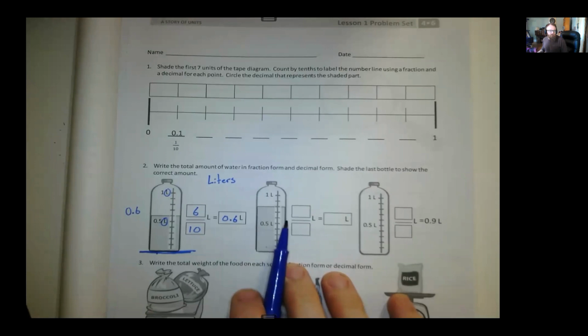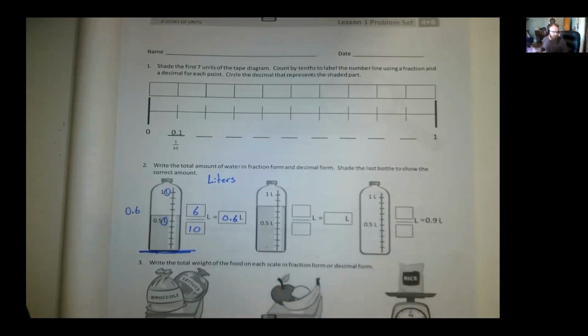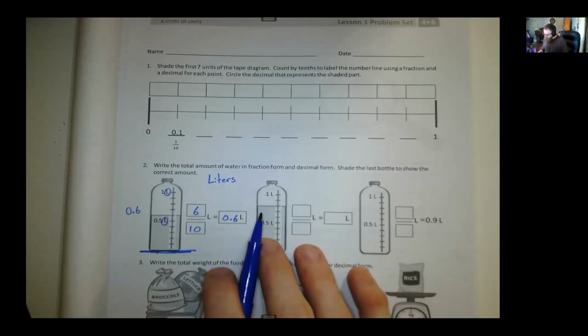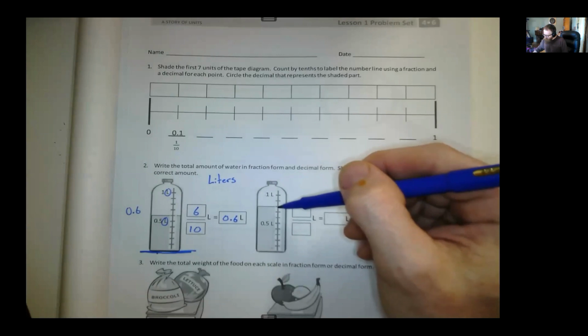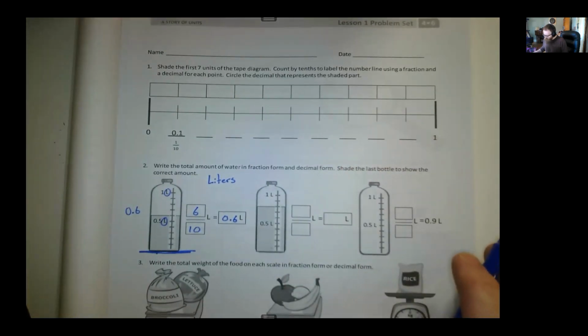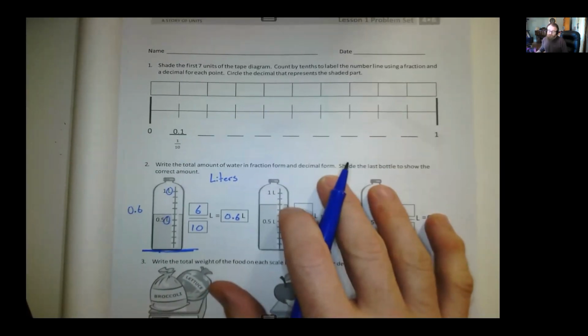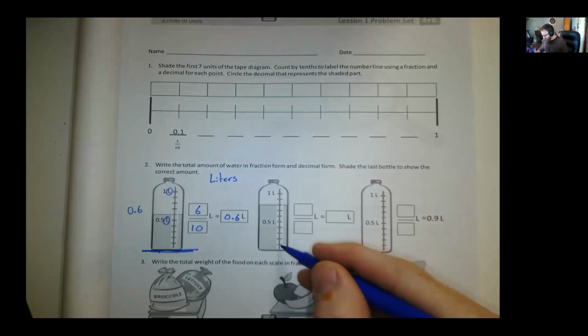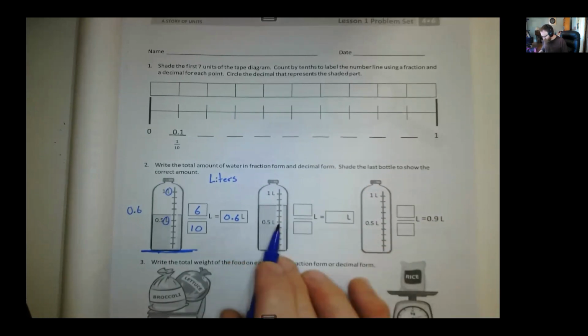Part 2 and part 3 of number 2 are the same, right? Where are we on our number line? How many liters is represented at that water line? Let's count and solve now. 1, 2, 3, 4, 5 tenths, and we know that because it's labeled.